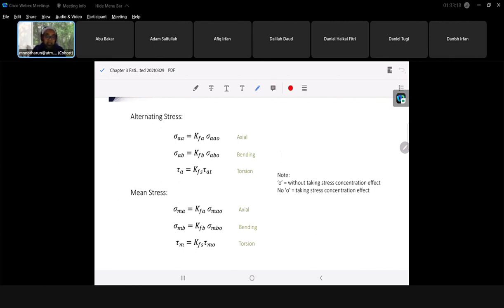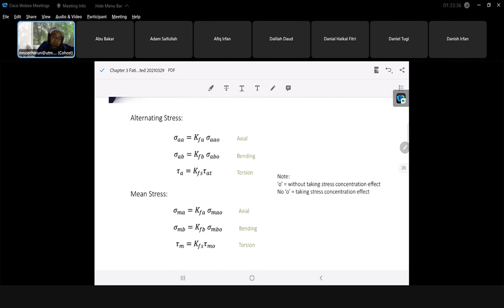As I said before, this is just symbol. Actually this is symbol. If you see that it's O, O. This O, in this one. Before multiplying with the factor, it means you get it directly when you calculate.